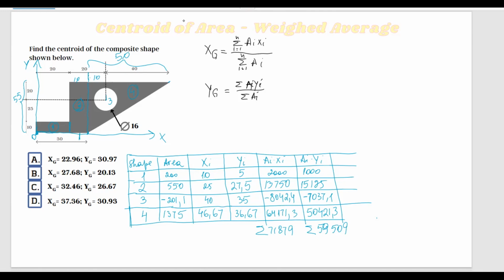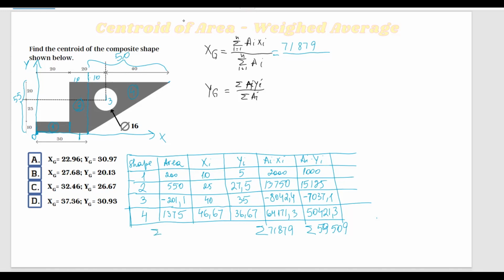We can come back to these formulas we wrote for the centroid of this composite shape, and it's the sum of AiXi, which we have over here. So we're going to have 71,879 divided by the sum of Ai. Oh, we have to do a sum of this as well. So let's add this up.